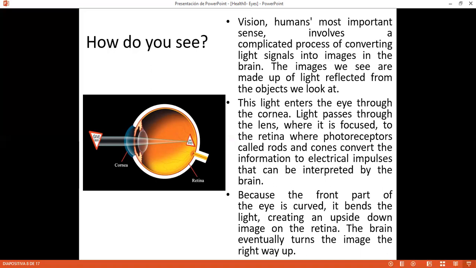The rods and the cones translate the shapes and the colors into electric signals, which are taken through the optic nerve to the brain, which creates the image, turning it up again, just the right way you saw it.